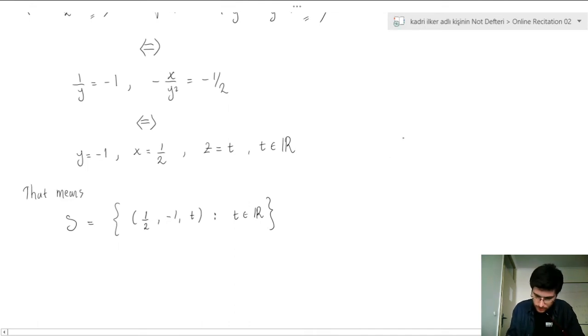Just look carefully. Let me sketch it. This is x, y, and z. This is exactly the point we are looking for: x equals 1 over 2, y equals minus 1. But since z is free, you have a line.